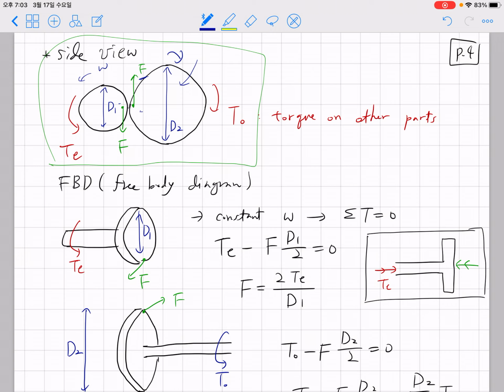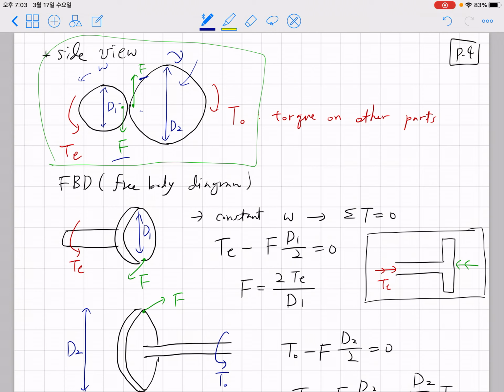And there is of course Newton's action and reaction principle. So the force exerted on the larger gear on the right will exert a reaction force on the left gear in the opposite direction with the same magnitude.